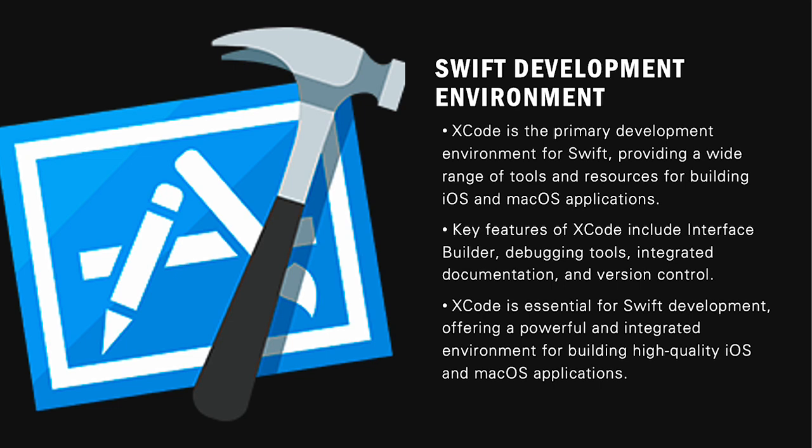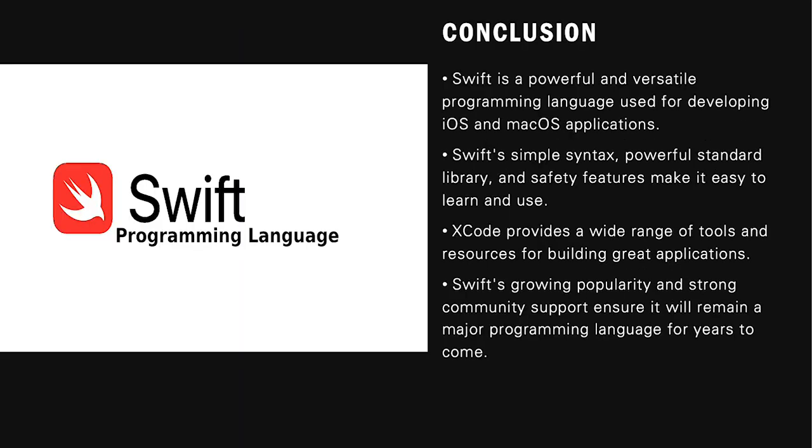Conclusion. Swift is a powerful and versatile programming language that is used for developing iOS and macOS applications. With its simple syntax, powerful standard library, and safety features, Swift is easy to learn and use, and its development environment, Xcode, provides a wide range of tools and resources to help you build great applications.